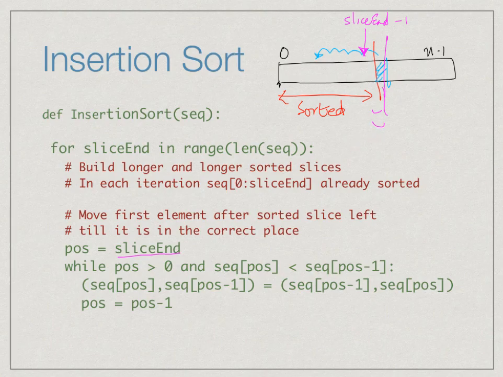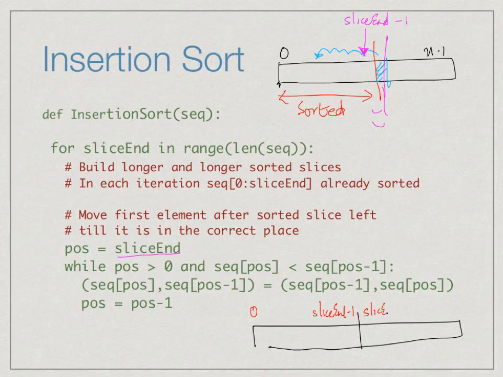Right? So what we are doing is that we are saying, to draw it again, we have an already sorted slice from 0 to slice end minus 1, and we have this position slice end. So we then assume that this is sorted, so we compare with this value, and if this is smaller, then we exchange it. Now if we have exchanged it, that means that this value has now gone here. So now we again compare it to the previous value, and if it is smaller, we exchange it.